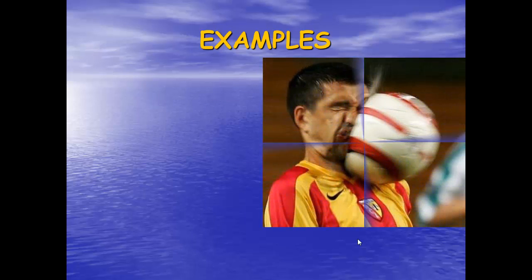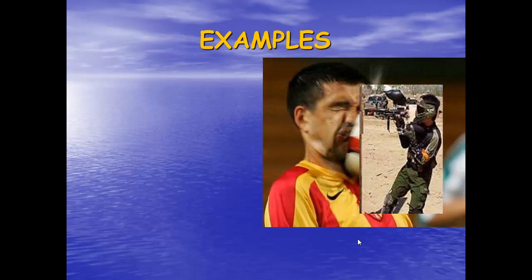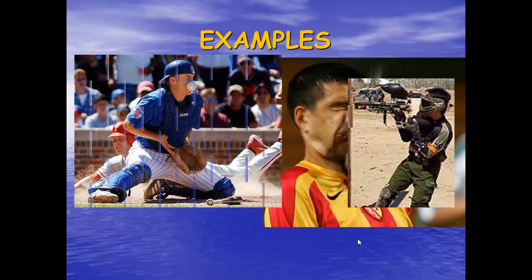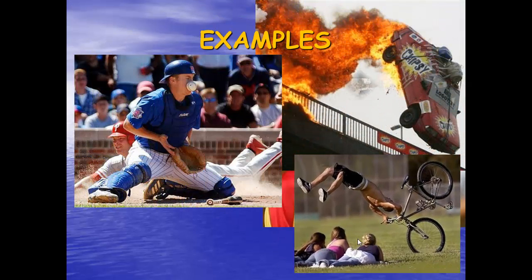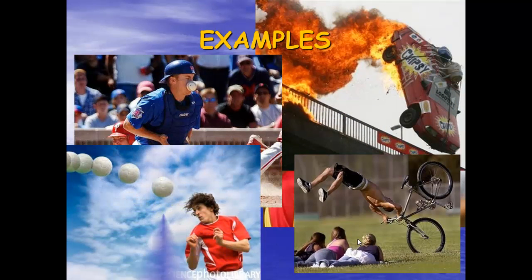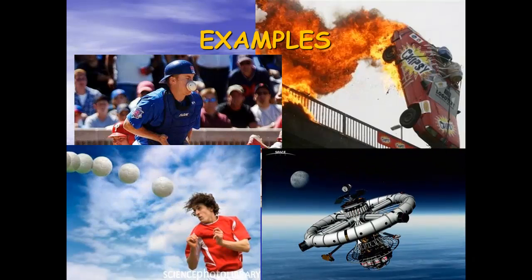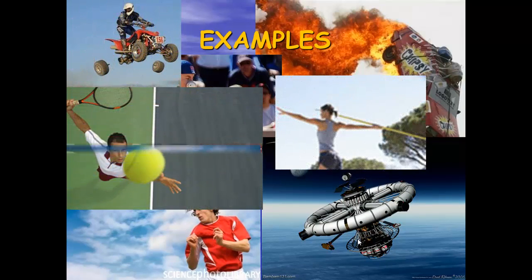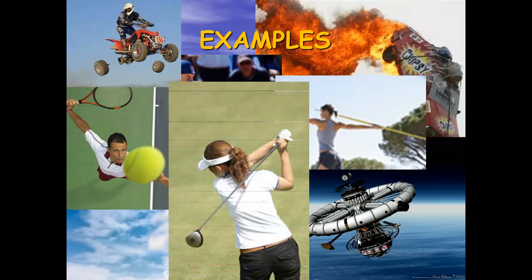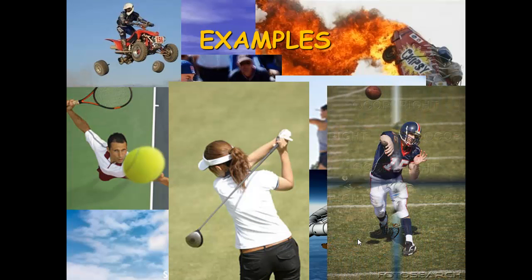So just some examples of applications where you'll see projectile motion: things like sport, doing jumps, obviously soccer, and satellites or space travel is certainly an example of where we use projectiles.